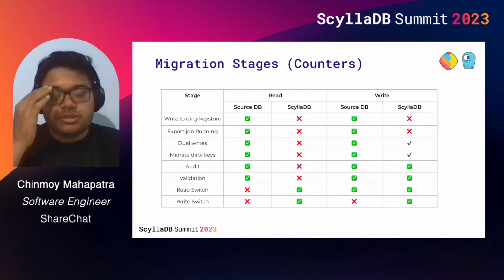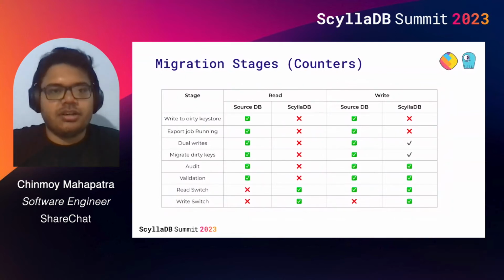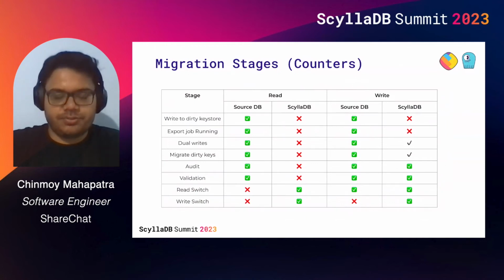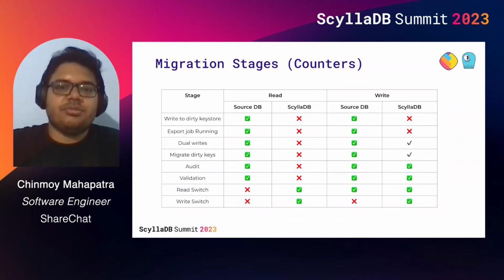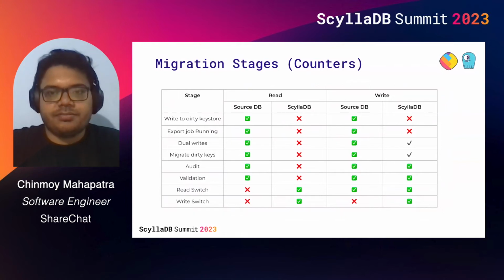Moving on. So the phases change a bit for the counters use case. We have a writes to dirty key store phase where we are writing to source DB. We are not writing to ScyllaDB, but we are writing to a dirty key topic. This is important because we want to keep the ownership of those keys that happens during dual writes with the source DB for the time being.